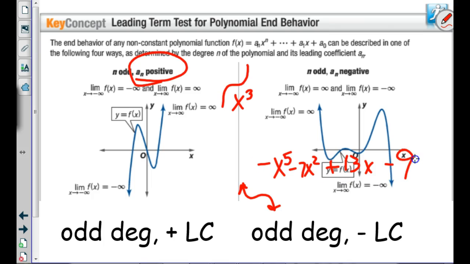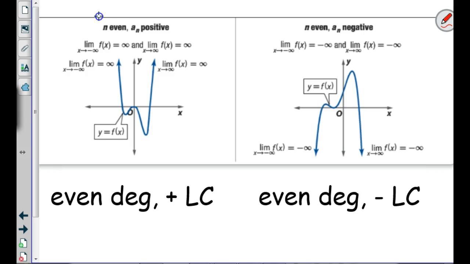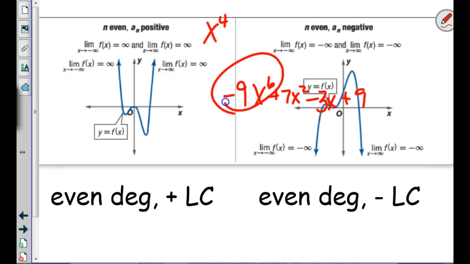Now, there could be a whole bunch of jazz going on in the middle, and we're going to talk about that, but we're talking about end behavior right now. If it's an even degree, like an x to the 4th or an x to the 6th plus garbage, then if it's positive, both ends will always open up, just like a parabola. If it happened to have a negative leading coefficient out here, then both ends will open down.